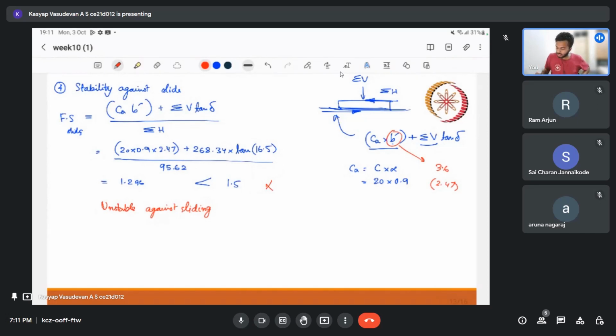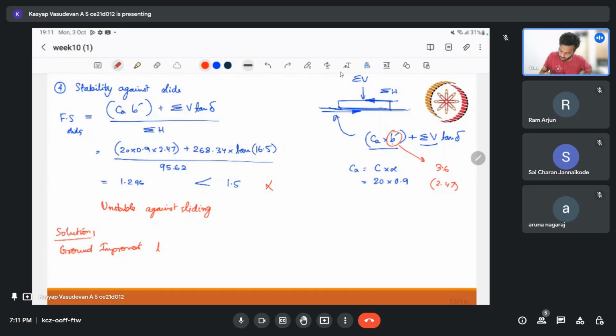So one solution that we can adopt is ground improvement at the base. So before we construct, we can improve the ground so that our delta is increased. So to improve ground improvement at base.